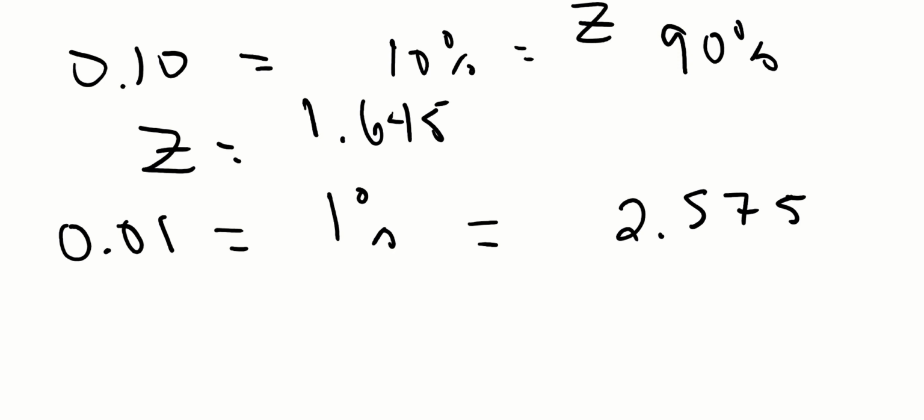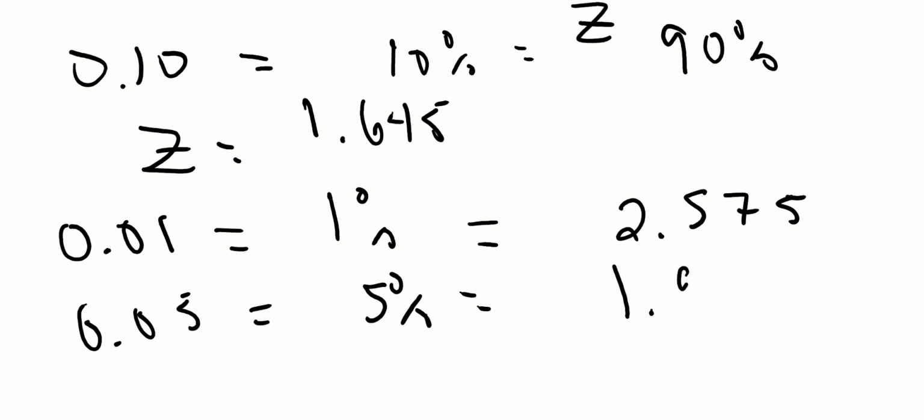And we already know if we're willing to be wrong 5% of the time, it equates to a z of 1.96. Okay, so these never change. These always remain the same. You can always go back to the back of your book to table number 5 in the appendix, and it lists them.